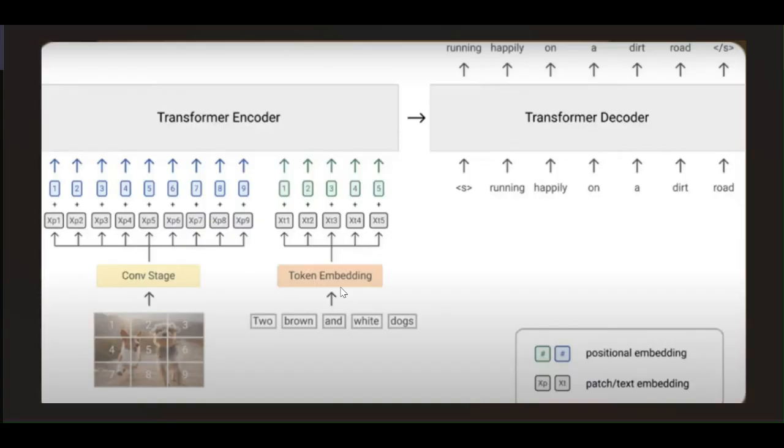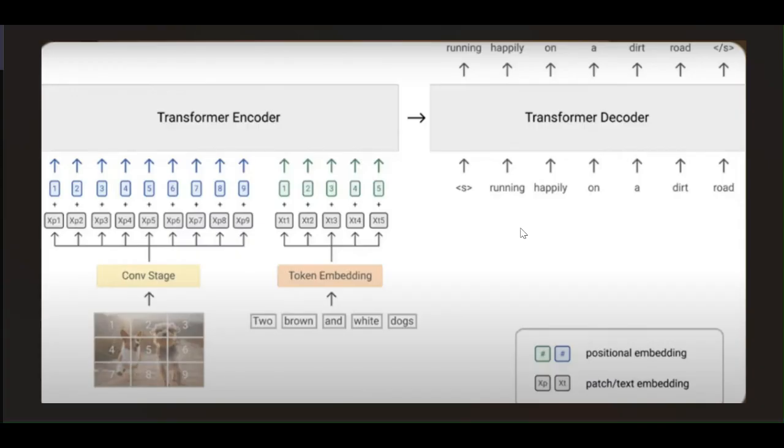Similarly, the normal text is converted into vectors. At this stage, both the image and the text are in the common vector format, which can be understood by the LLM, which then decodes it and encodes it to provide the answer. This is how the VLM works.